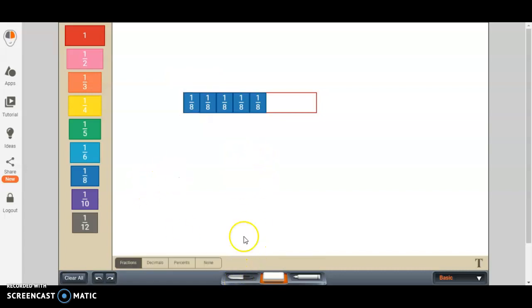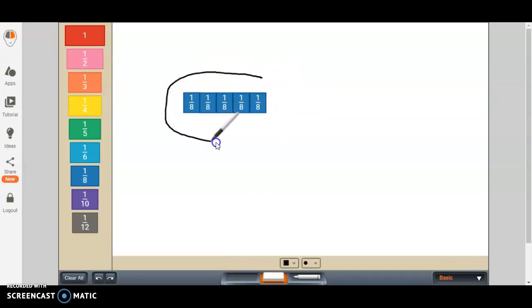So the way that we're going to take this one step further is we are going to think about our fraction, which is 5/8, right? Because I have 1, 2, 3, 4, 5/8.